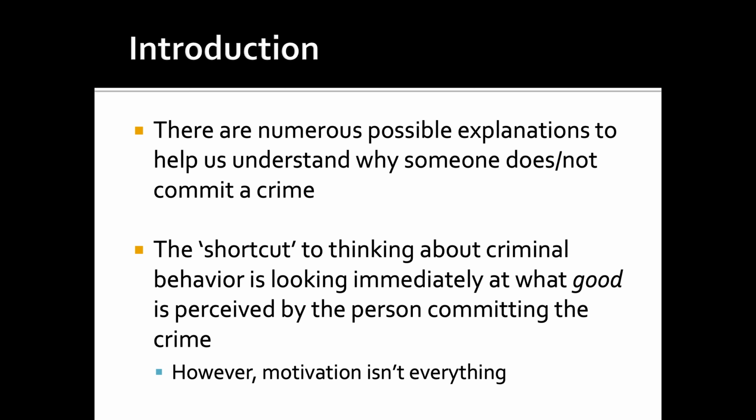For example, if you got into a fight with someone, or you just decided to beat up somebody and target them, you might just feel good by beating that person up. That's a crime, of course, but there is still some type of benefit that is perceived from that behavior. So really, one of the easiest and quickest ways to understand why somebody commits a crime is looking at that motive.